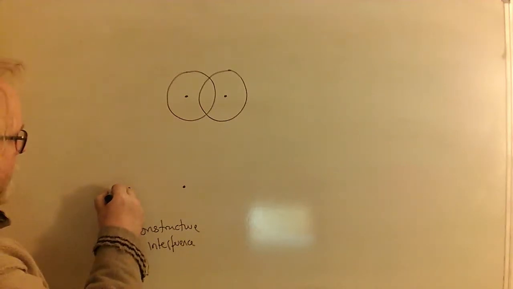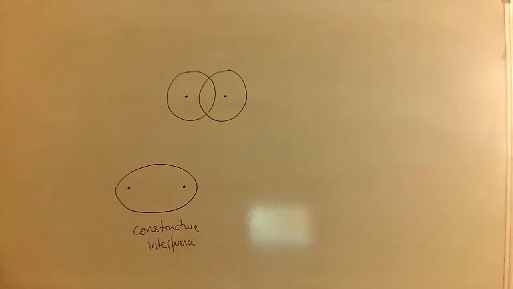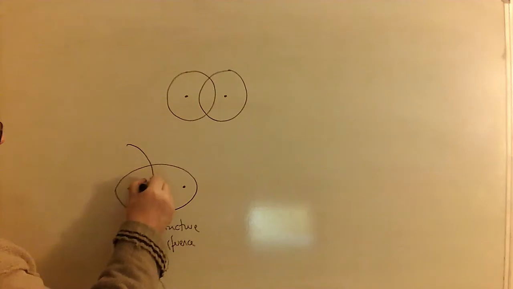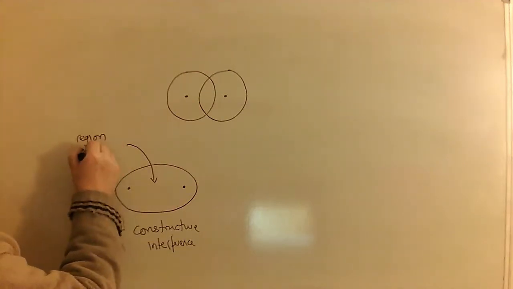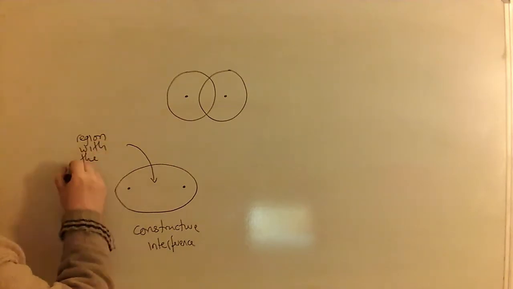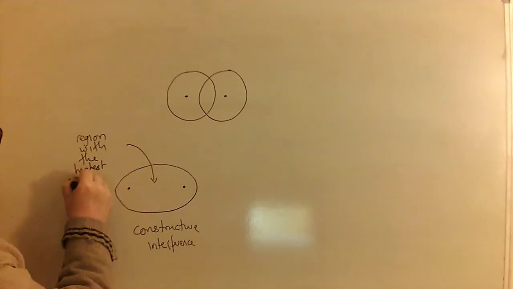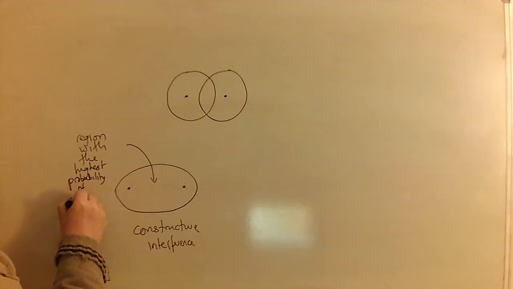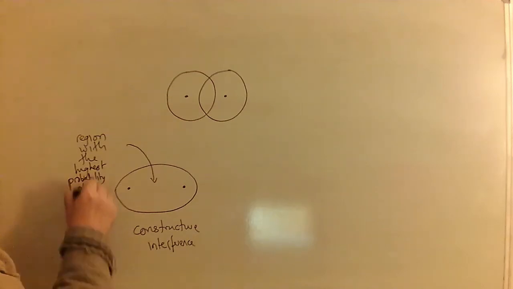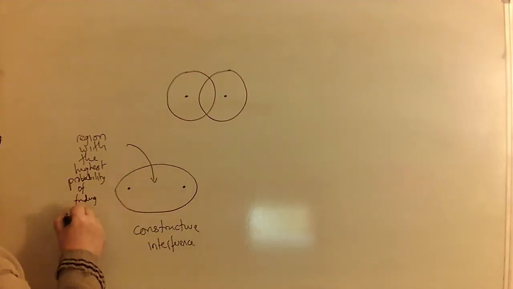So we get now a superimposed wave which looks kind of like that, and that region in the middle is the region with the highest probability of finding the electrons, because that's where the constructive interference has built up the amplitude.